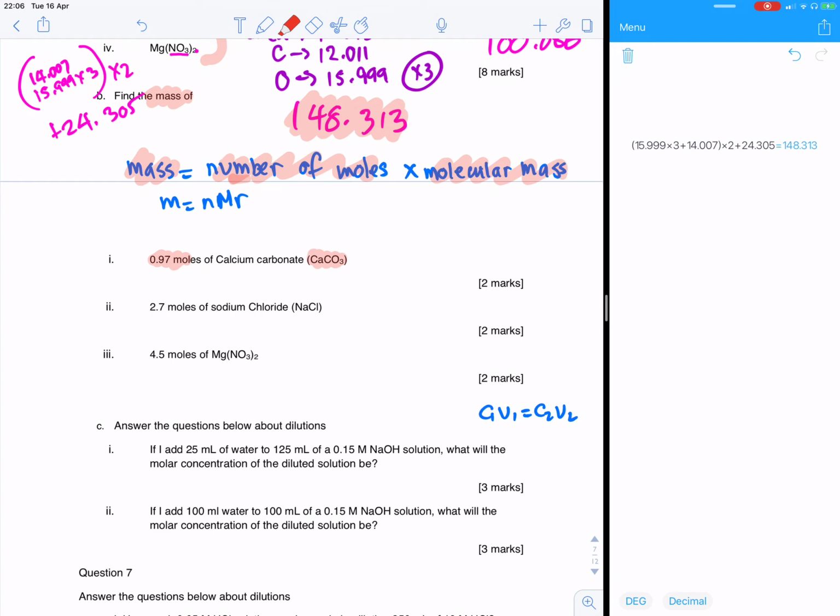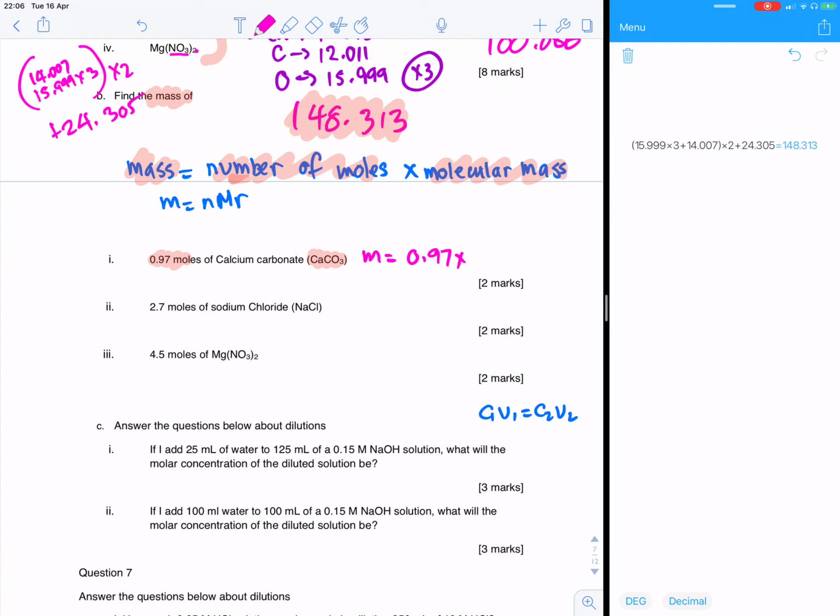Okay, so in this case we're given 0.97 moles, so M equals 0.97 times the molecular mass for calcium carbonate.